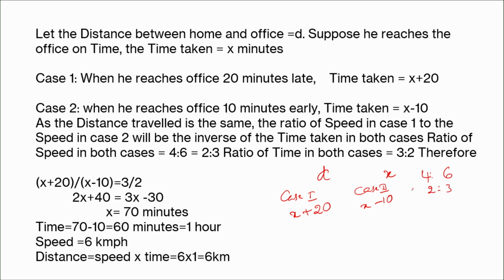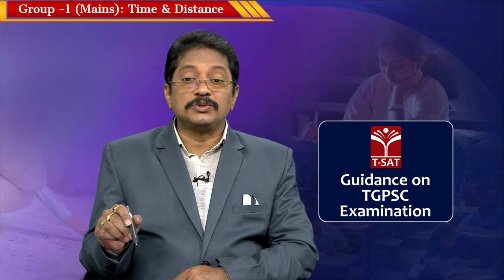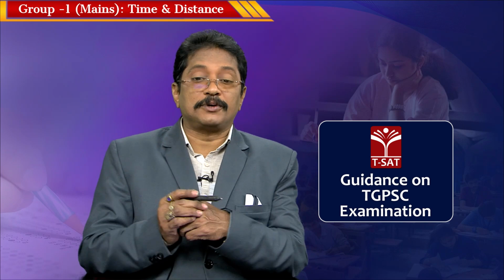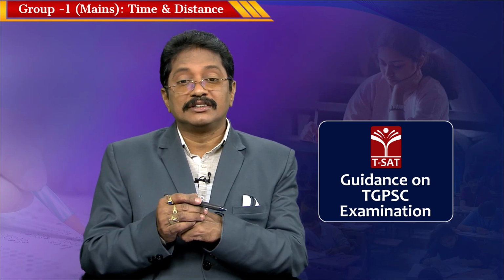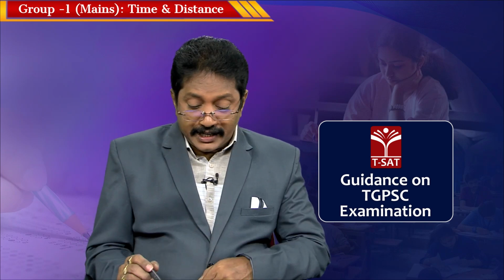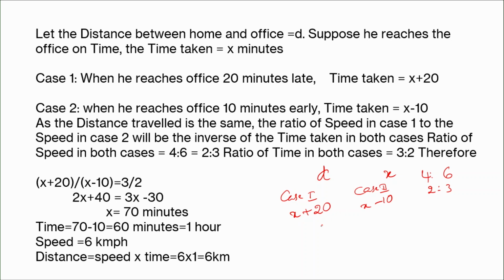This is the ratio of velocities or speeds. This is equal to the inverse proportion of the ratio of time. So, x plus 20 is to x minus 10 is equal to the inverse of 2:3, meaning 3:2. Correct?